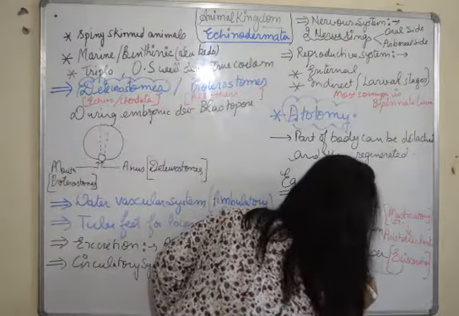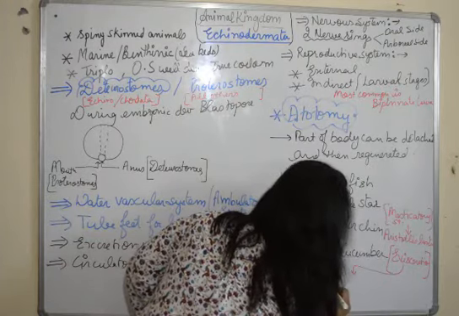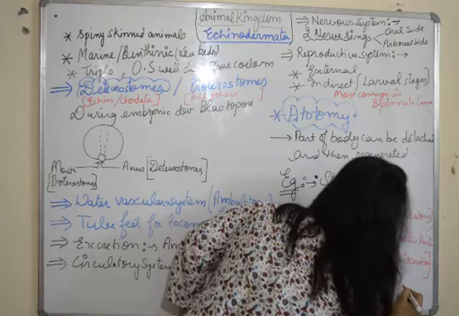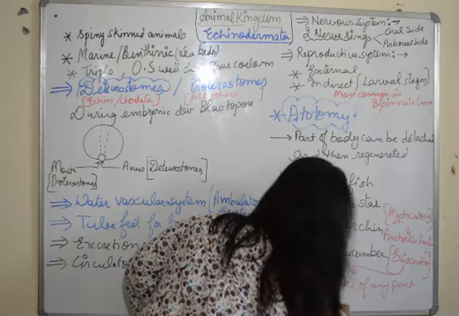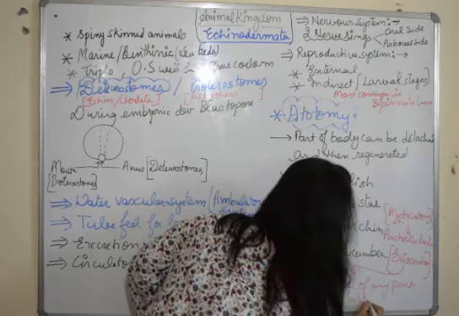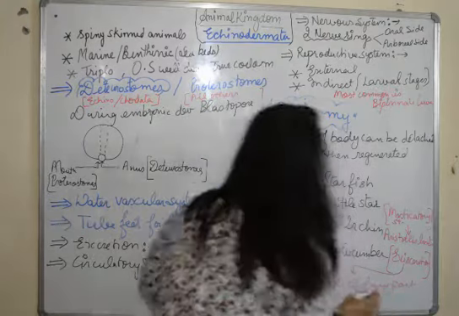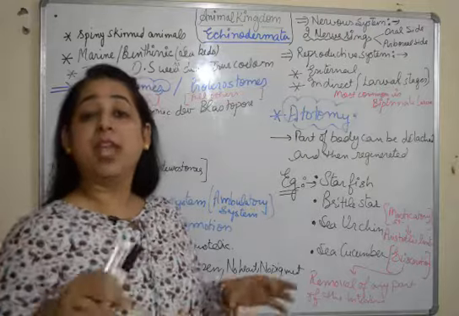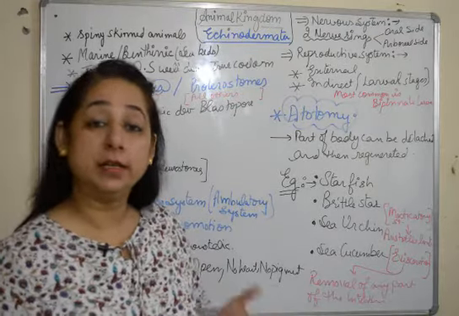So what is evisceration? Removal of any part of the intestine or gut. Fine. So that's known as evisceration, removal of viscera which can be regrown or regenerated in the body.